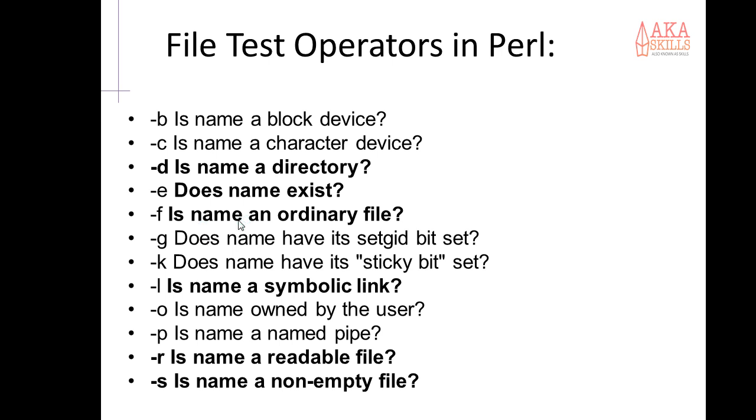Whether the file in consideration is an ordinary file or not. Then these two again, -g and -k, belong to the Unix operating system. Whether your file is a symbolic link. Again, these kinds of checks are applicable on Linux operating system. If it is a symbolic link, naturally your file attributes start with L.